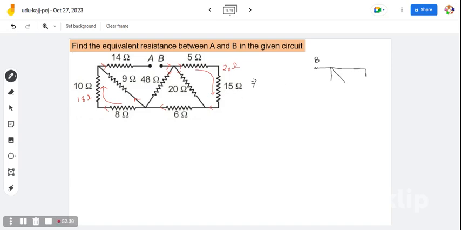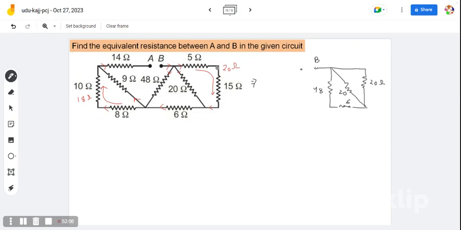So I draw the resistors which we have reduced in series combination. Here we again get a resistance. It was 20 ohm, so we write 20. From here 48 ohm, so we draw 48. In between 48 and 20 we have 6 ohm, so we draw 6 ohm.